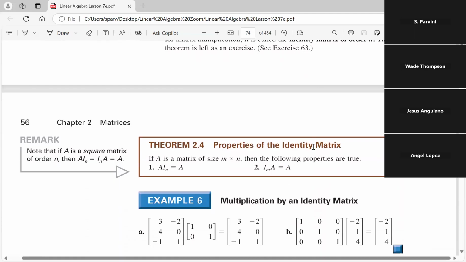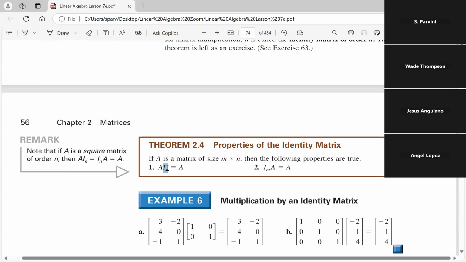Now, what are the properties of the identity matrix? The identity matrix is like a multiplicative identity. You know, any number times 1 is itself, right? 5 times 1 is 5.